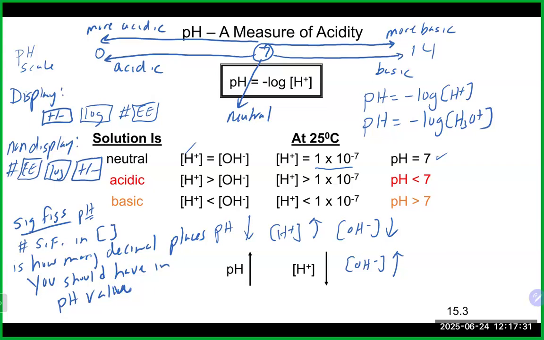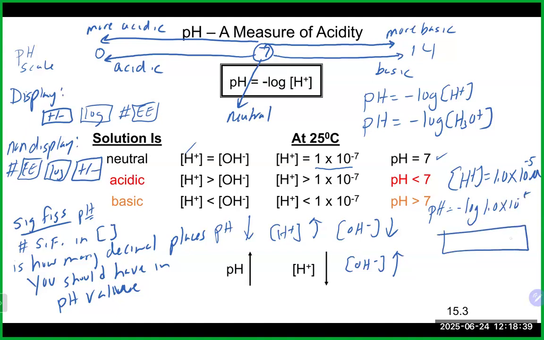So for example, if I had an H plus concentration of 1 times 10 to the minus 5 molar, what is the correct pH there? pH equals negative log of 1 times 10 to the minus 5. And on your display, you probably got a 5, hopefully, staring at you at this point. In terms of the answer here, should the answer be 5.0? Should it be 5? Should it be 5.00? 5.0000? Which one is the right way to give the answer?